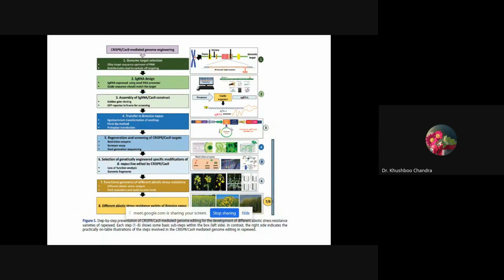And another thing is that whatever gene editing or genome editing we do with CRISPR-Cas or Cas9 never comes under transgenic. If you want to develop any variety for biotic or abiotic resistance, first you need to identify your candidate gene.